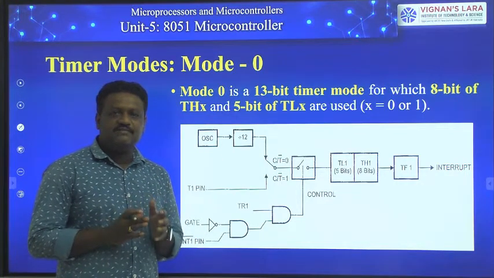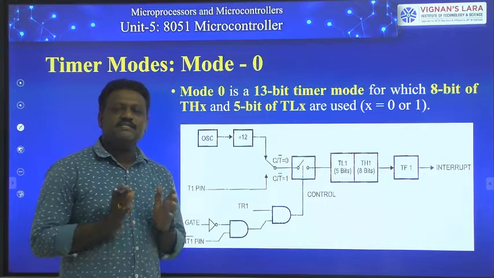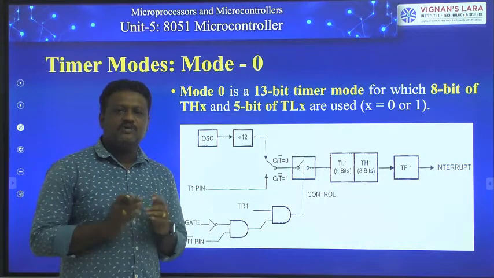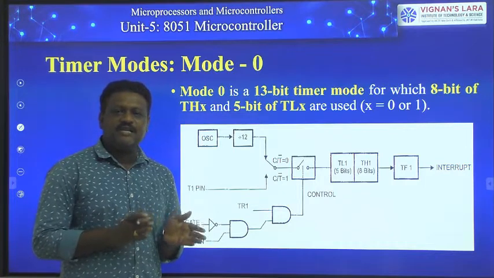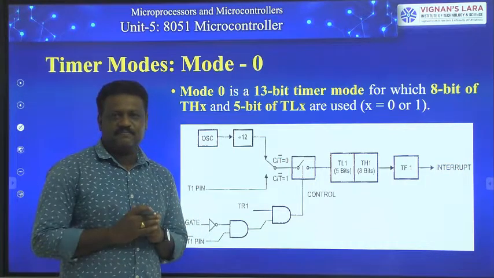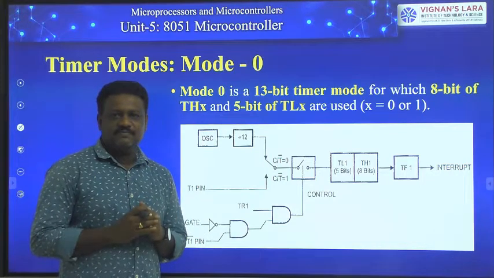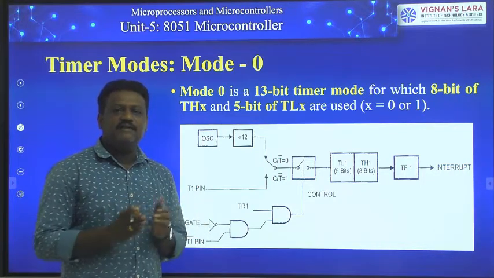We know that the timers present in the 8051 microcontroller can act as a timer as well as a counter. Each one is 16 bits in size. Those are T0 and T1.